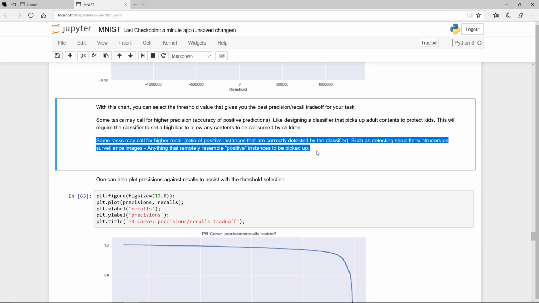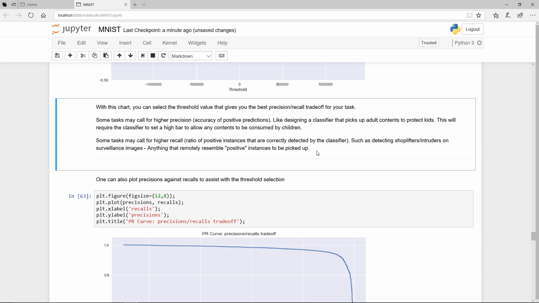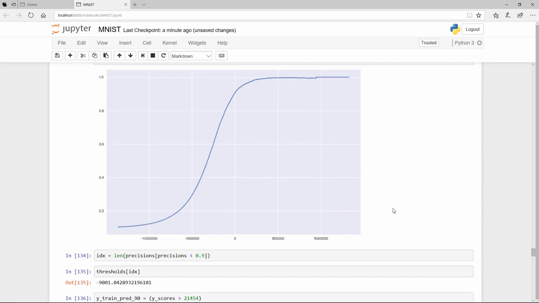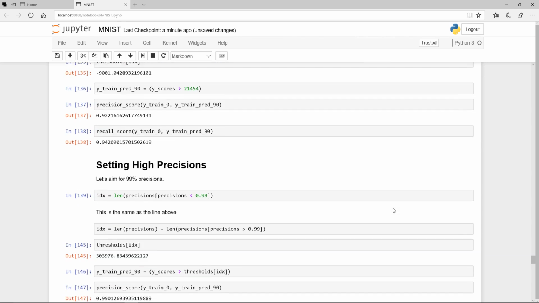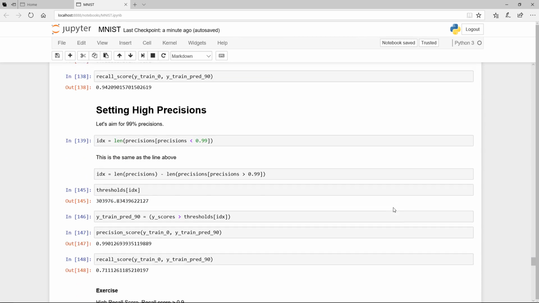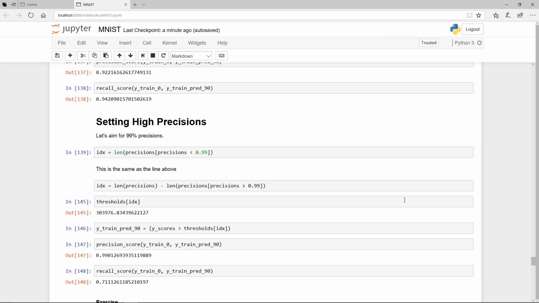Such circumstances include detecting shoplifters or intruders on surveillance images, anything that remotely resembles positive instances needs to be picked up. So this will be the situation where we want a high recall. I'm going to ask you to pause the video, and when you come back, I will show you my answer and summarize the lesson.